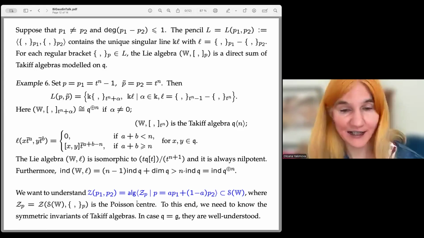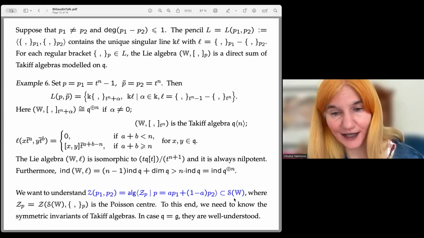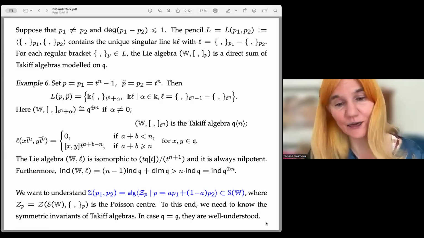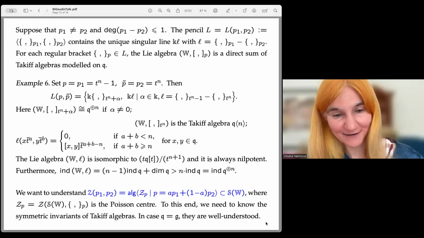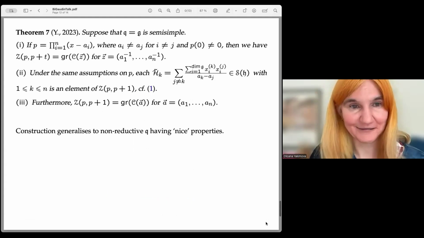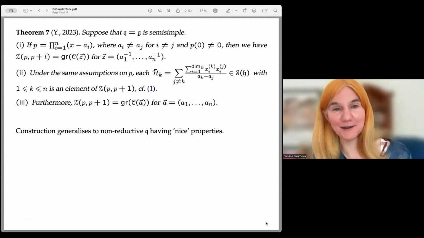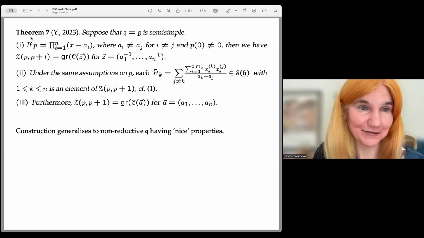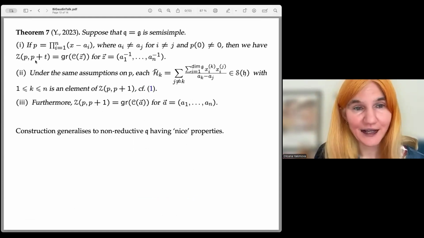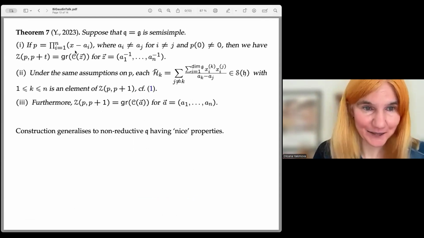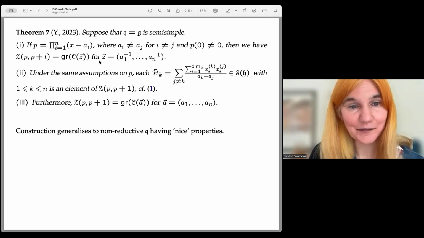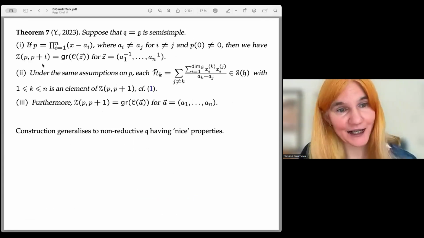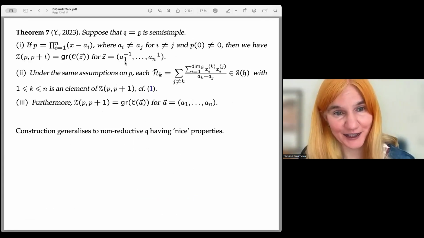So by the Lenart-Malgrange scheme, we take regular points, and for all regular points, the Lie algebra is a direct sum of Takiff Lie algebras. So we need symmetric invariants of Takiff algebras, and they are quite well understood. From this understanding of the invariants of Takiff Lie algebras, we can obtain a more explicit statement than in the previous theorem. Exactly, if I take P with the roots a1, ..., an, and take the inverses, then the algebra associated to P and P plus t is the Gaudin subalgebra corresponding to z.